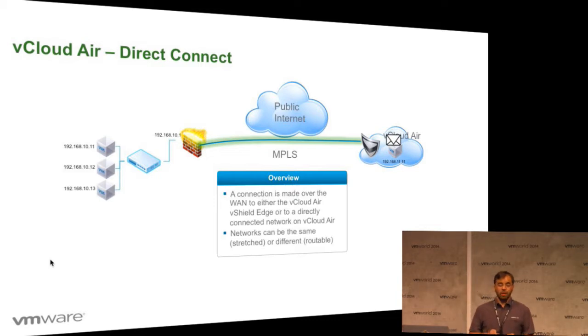In this case, we can actually have another option, which is to present the MPLS network directly into the vCloud Air organization. So the network is stretched that way, the MPLS network. The other option with Direct Connect is to plug it into the edge gateway, and that way it will be routed.